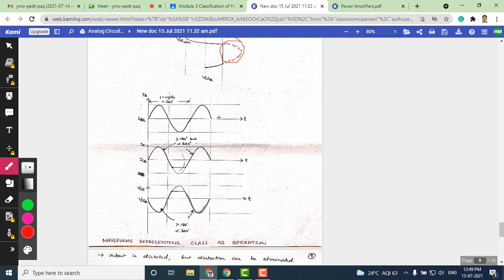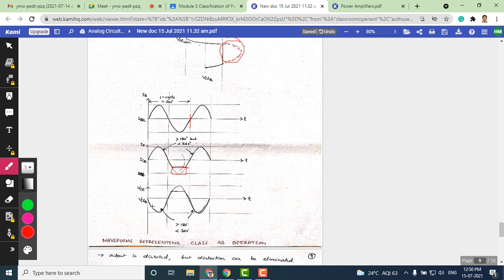This is the input current waveform, the base current, shown for one cycle, that is 360 degree. Observe the output current waveform. Though the input current exists for the entire 360 degree, the output current exists only for more than 180 degree and less than 360 degree. Here some portion is suppressed.